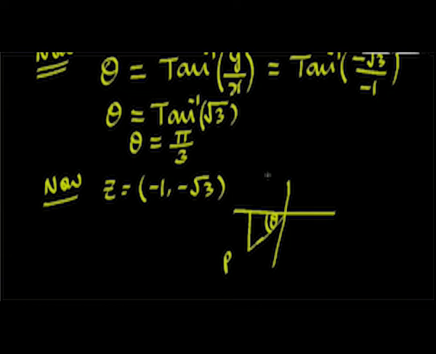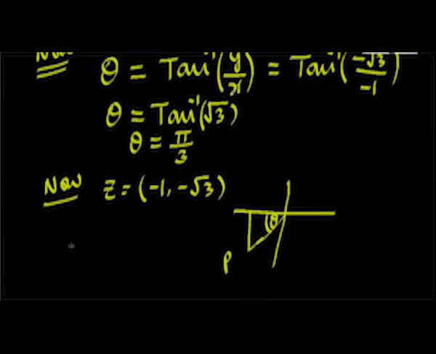In the third quadrant, the angle will be between minus pi and minus pi by 2. Remember the angle is in between minus pi and plus pi.